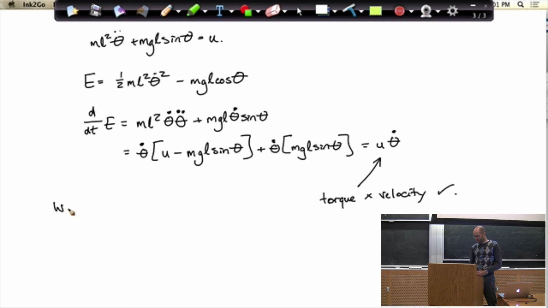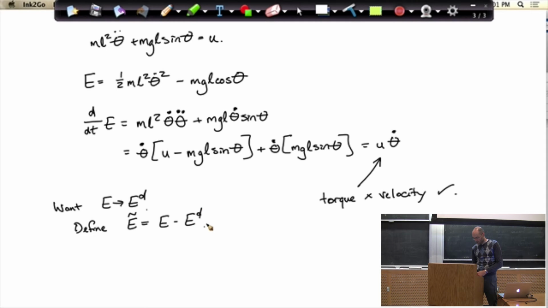We want to take E to some E desired. So I'm just going to write a simple feedback controller that drives E towards here. So let me define my current error, just so it's in a nice simple coordinate. I'll say E tilde is E minus E desired.